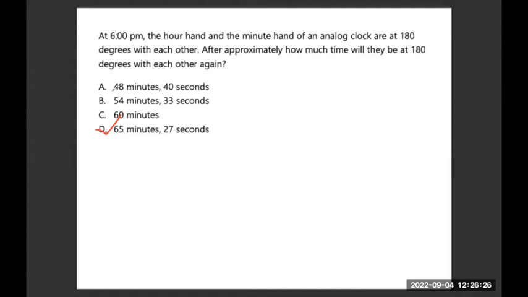You will get confused with so many minutes and seconds, but just ask this basic question: within an hour, will a 180 degree angle be formed between the two? The answer is no. So naturally the answer will be D, without even calculating anything.